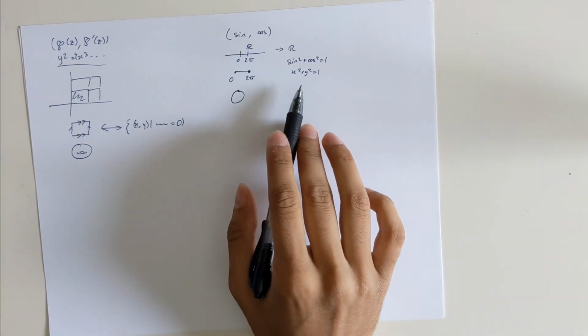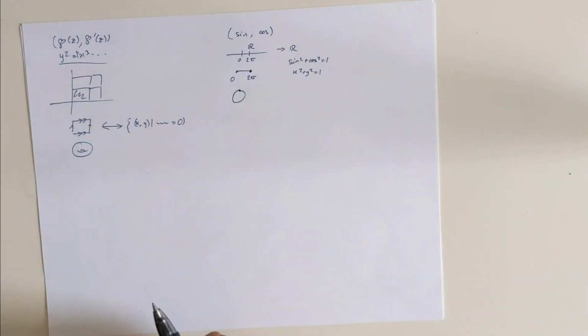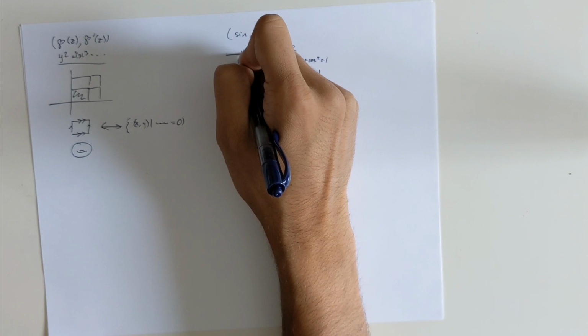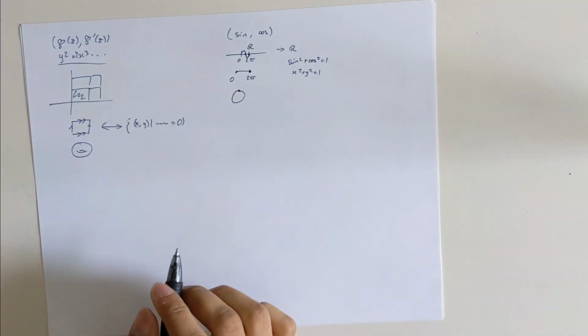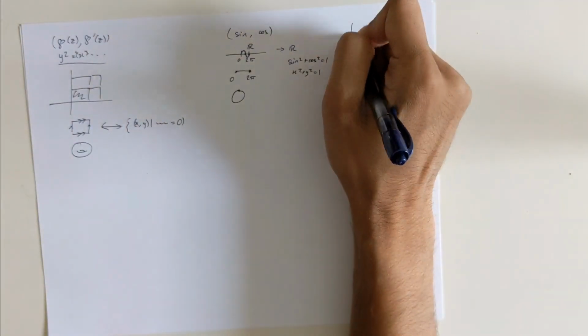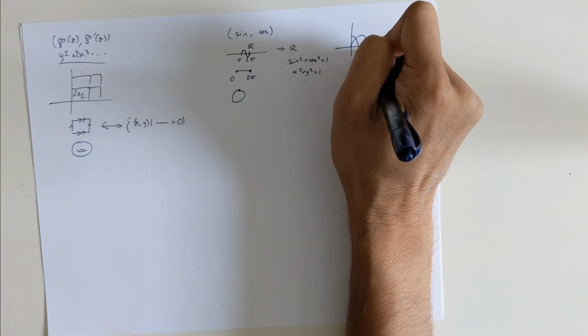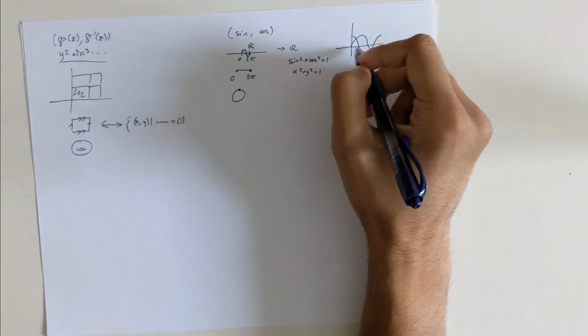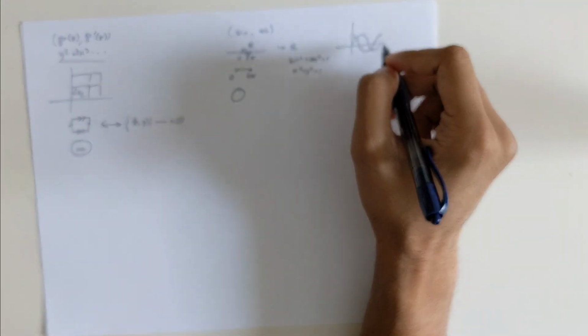And what really makes this argument work is that if we just took sine by itself, we couldn't uniquely distinguish points. Why? Because sine considers the point pi to be the same as the point 2 pi, because they have the same output on sine. But if we consider sine and cosine together, then there are no points on the interval 0 to 2 pi which have the same value on sine and the same value on cosine.